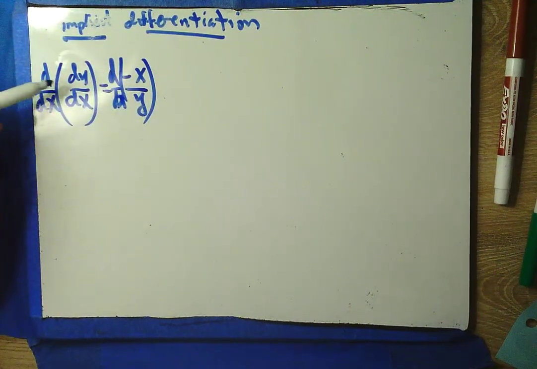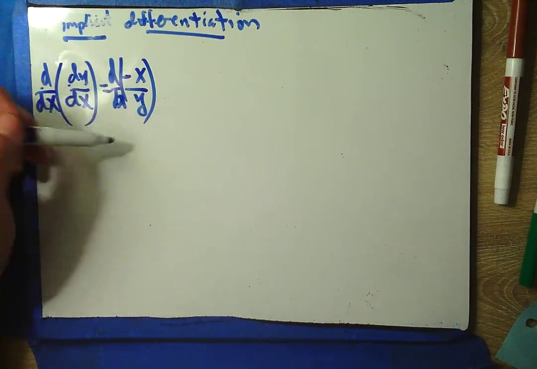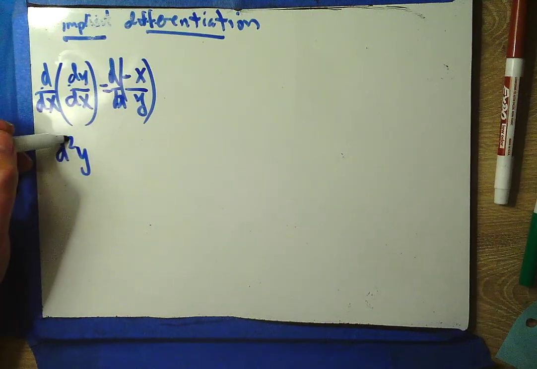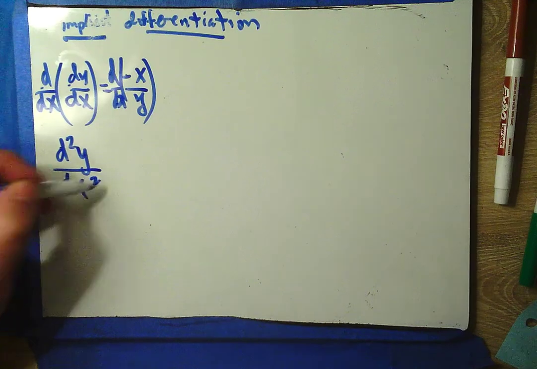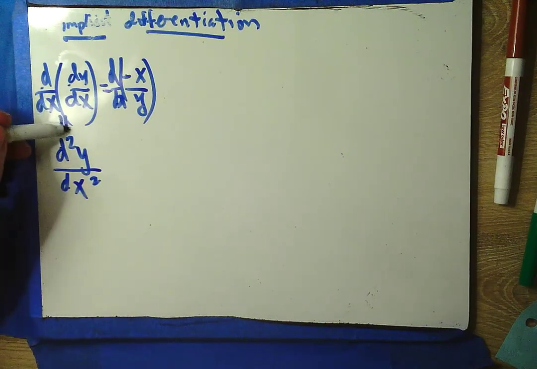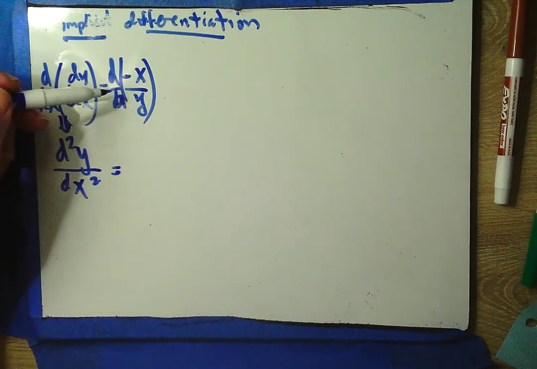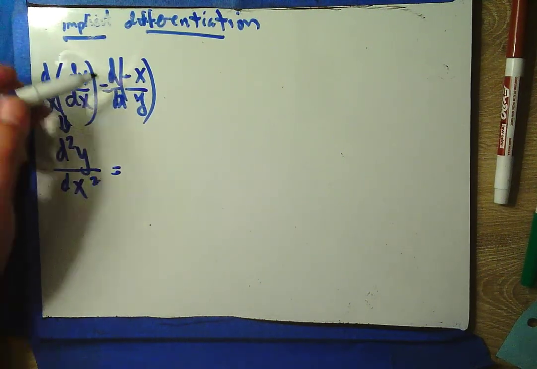So take the derivative of the derivative. Take the derivative of negative x over y. Derivative twice of y with respect to x both times. Okay? And then over here, when I take the derivative of this, I notice I have a quotient, so I have to use quotient rule.